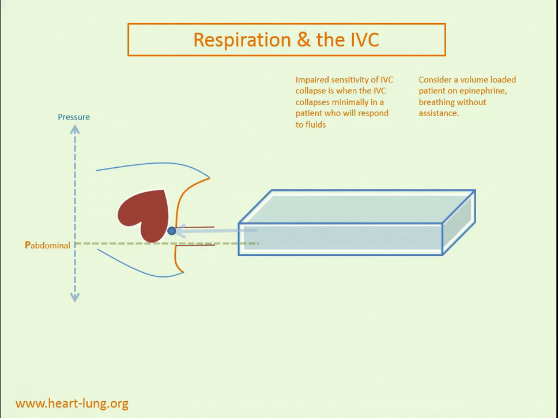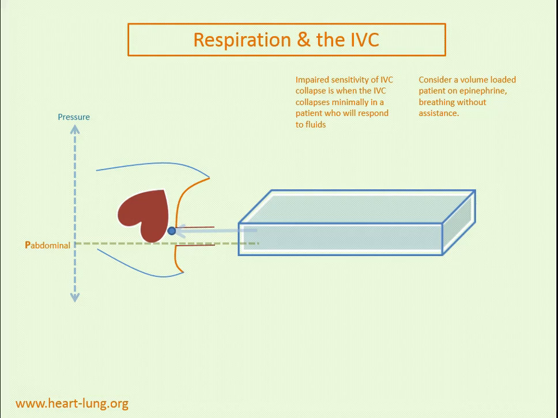And let's say that cardiac function is okay. Maybe the patient's got some diastolic dysfunction, maybe they flipped into AFib, maybe they had a septic cardiomyopathy, but the beta effects of the epinephrine are keeping cardiac function relatively reasonable. So that right atrial pressure maybe falls a little because of decent cardiac function, but not a lot.